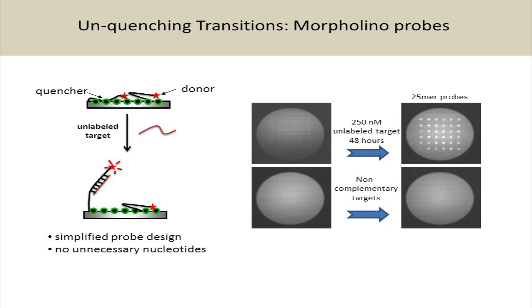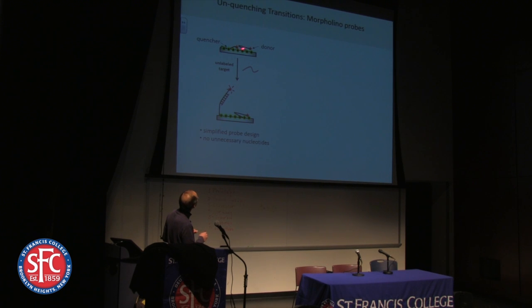With morpholinos, we said, if these molecules really lie down on the solid support, we should be able to modify the solid support with quencher molecules, which, when they're near the fluorescent groups, will quench the fluorescence. So you don't get the emission that you look for. However, once the morpholino hybridizes to DNA, it is more water soluble, it should stand up and separate the quencher from the fluorophore, and the signal should get turned on.